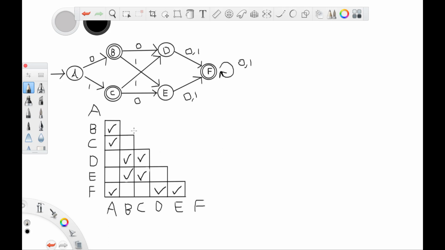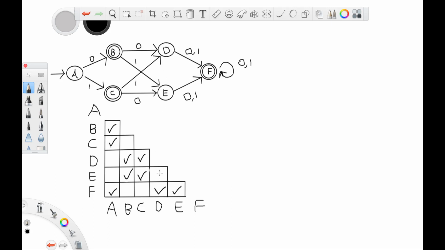Next, what we do is we look at all of the non-ticked pairs and we need to compare them as such. So for instance, for CB, if C is given an input of 0, then it ends up at E. If B is given an input of 0, it ends up at D. We need to look and see if DE is checked.